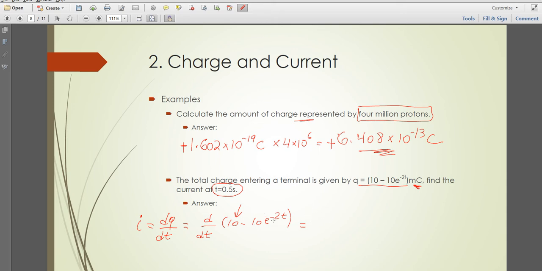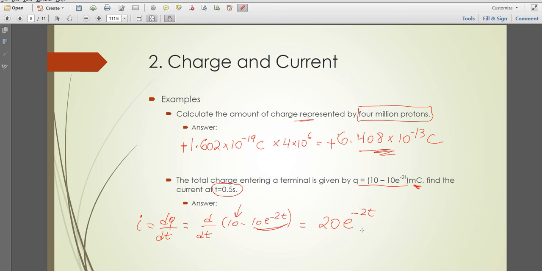So we'll end up with this part here, with this minus here. So it's going to be 20 e to the power negative 2t. That 20 comes from 2 times 10. Exponential of the same thing, minus 2t.